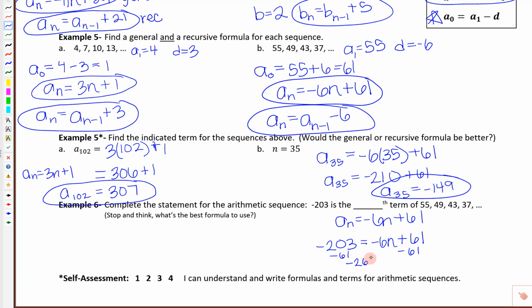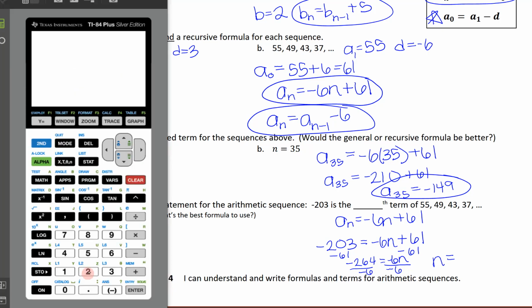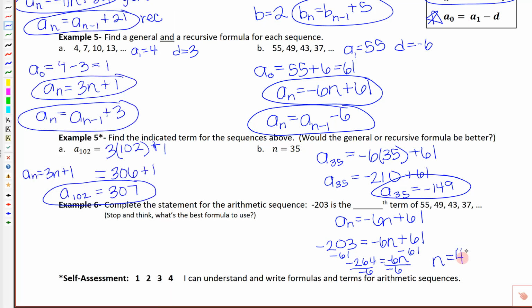Negative 264 equals negative 6n. Divide by negative 6. And let's see, 264 divided by 6 is 44. So negative 203 is the 44th term.